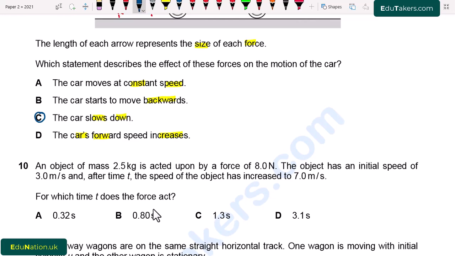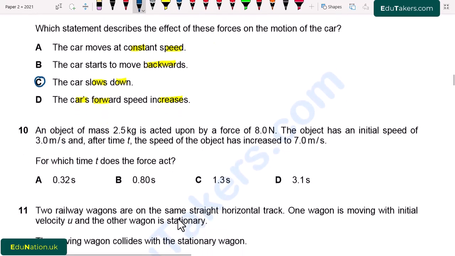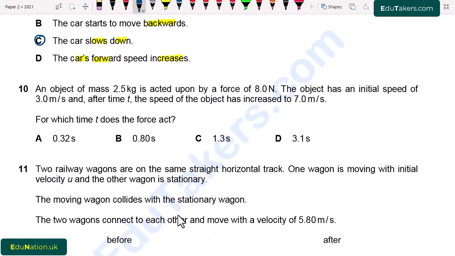When both of these forces, that is the driving force and the air resistance and frictional force, are equal, then the car will move at constant speed. The car cannot start to move in the backward direction, and the car's forward speed increases only when the forward force is larger as compared to the backward force. So all of the other options are incorrect.